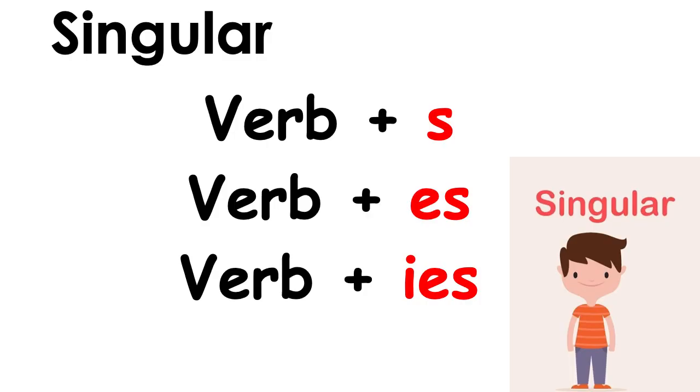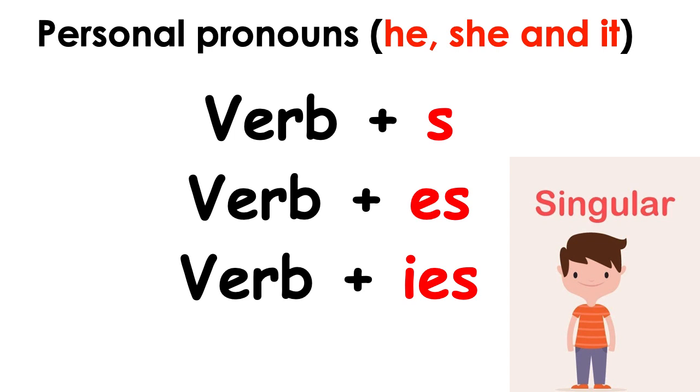Okay? So, when a subject is singular, the verb followed by the singular subject should have s, es, or ies. So, when we have personal pronouns he, she, and it before the verb, which is singular, then we have to add s, es, or ies.